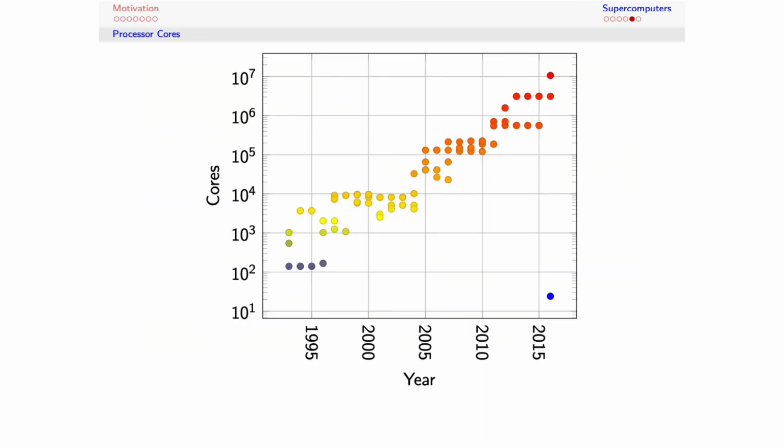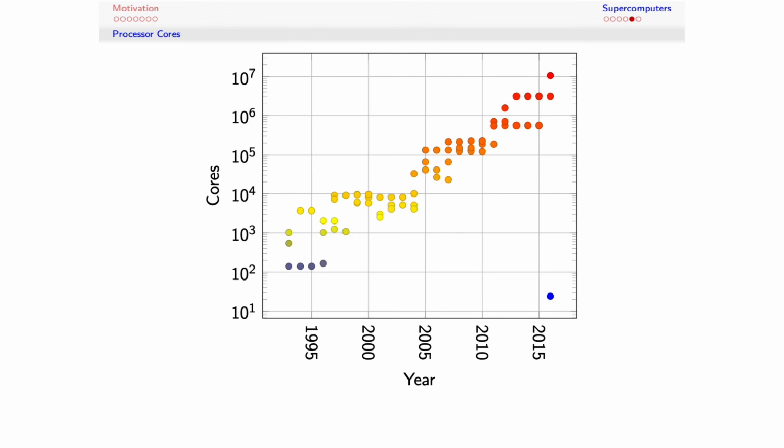Here's a picture of the number of cores on various of the top 500 machines over the years. Going back to the early 1990s, the number of cores on those machines was in the range of about 100 cores. And you can see here, as of 2017 or 16, whatever this last value is, that these machines are now constructed of 10 to the 7th, that's 10 million processor cores, or in that general vicinity.